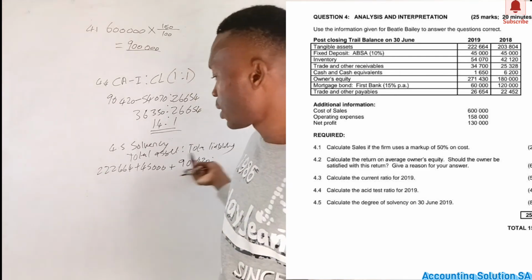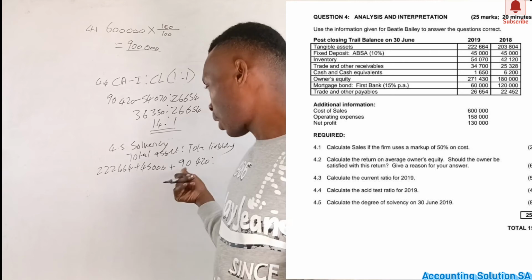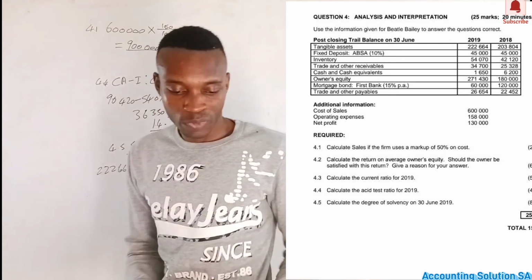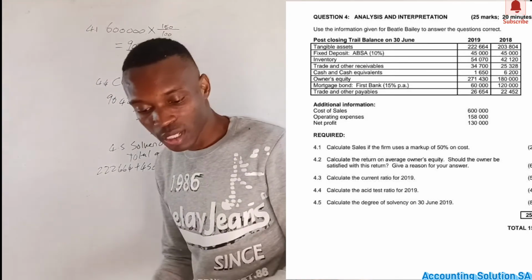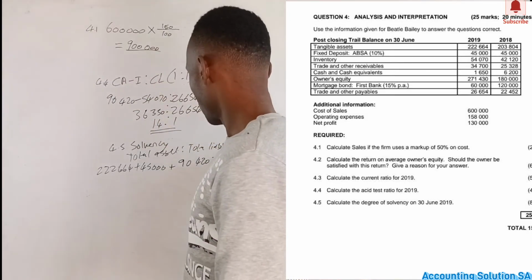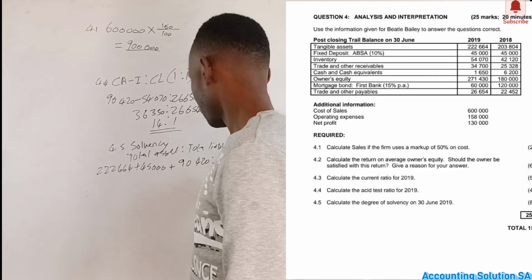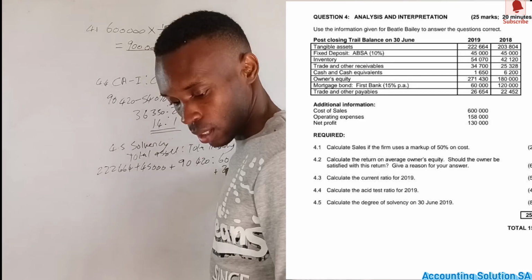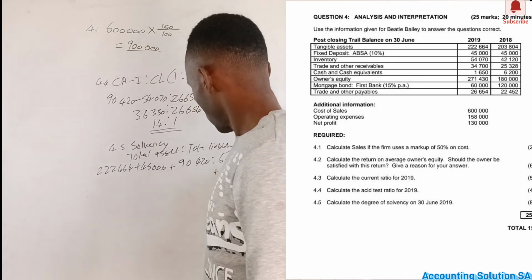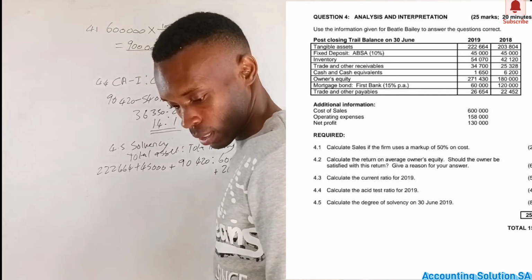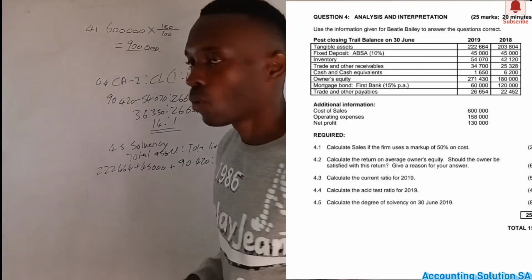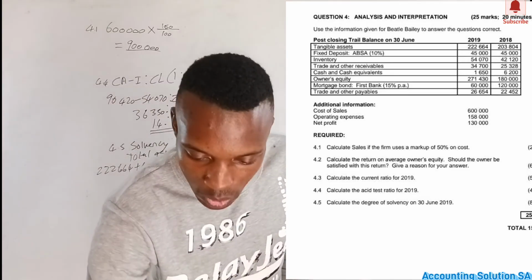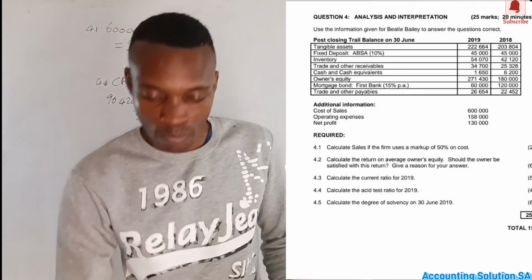This is total assets, non-current and current assets. Then total liability: the first one is a mortgage bond of 60,000 plus 26,654. After that we must calculate the totals so that we can get the answer and be able to comment.